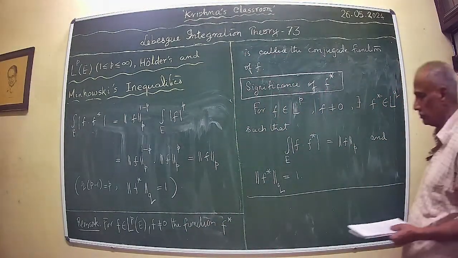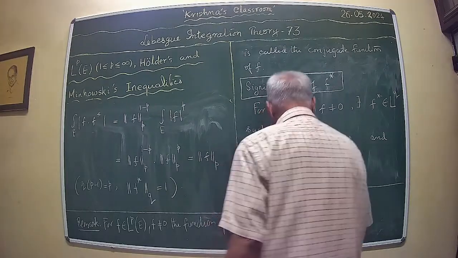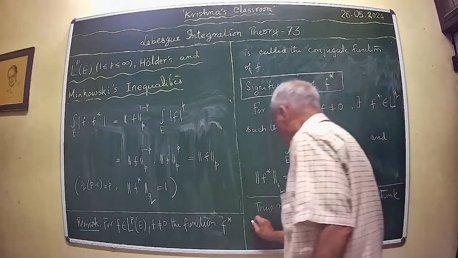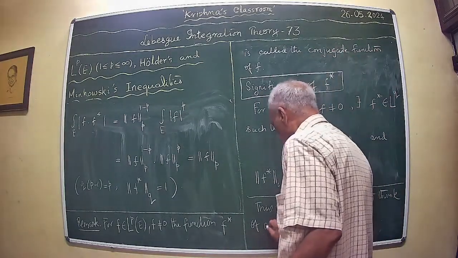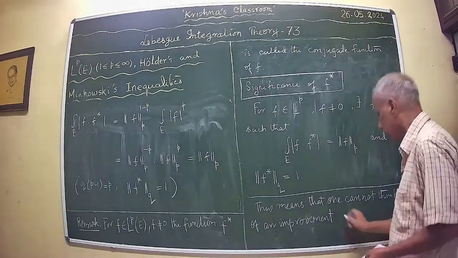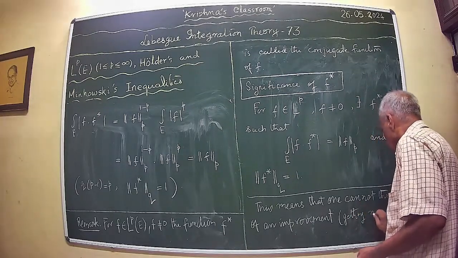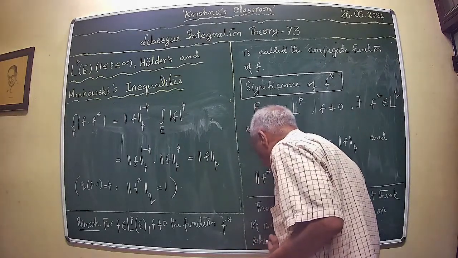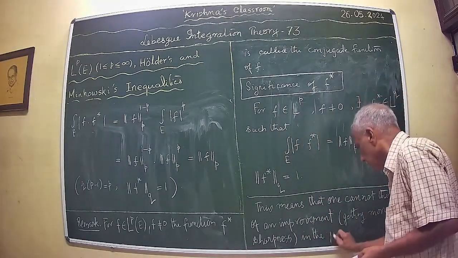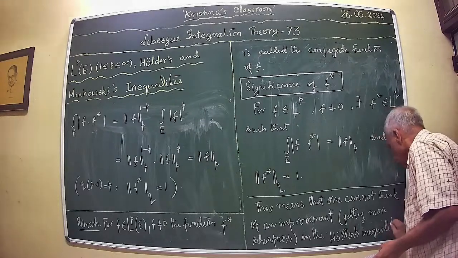what is the significance of that? This means that one cannot think of an improvement, getting more sharpness. That's the best possible inequality.